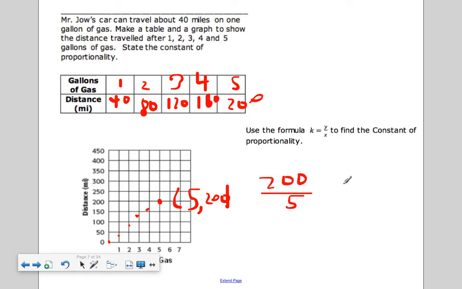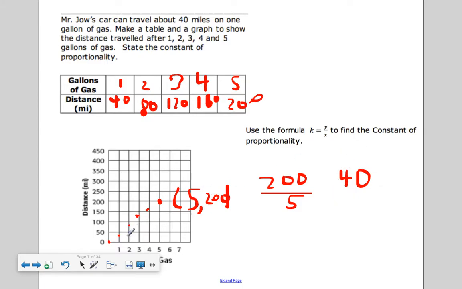If I simplify this, this would be 40. So the constant of proportionality is 40. That means if I multiply my number of gallons of gas by 40, I can find any distance I can drive. For example, just pretending I had 10 gallons of gas, 10 gallons of gas times 40 would be 400 miles is my distance. So constant of proportionality, that's the constant ratio.